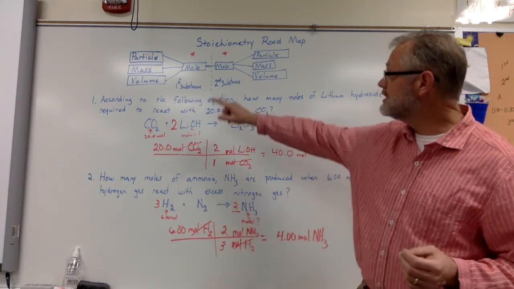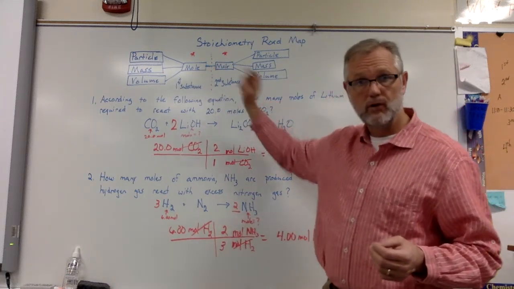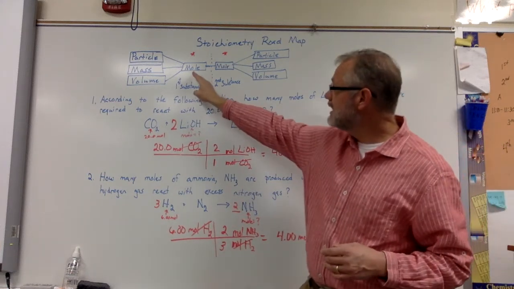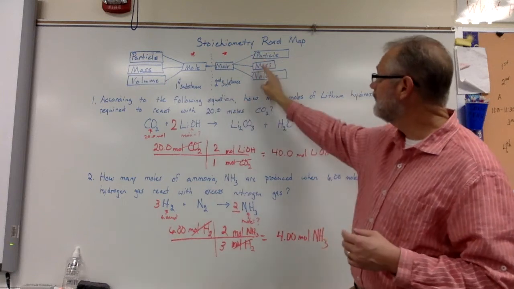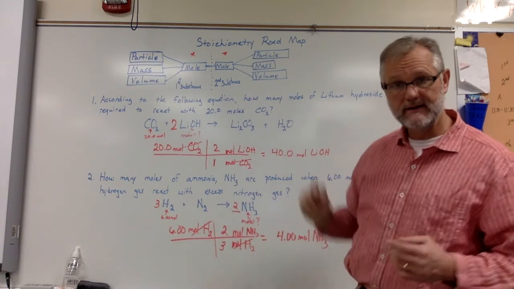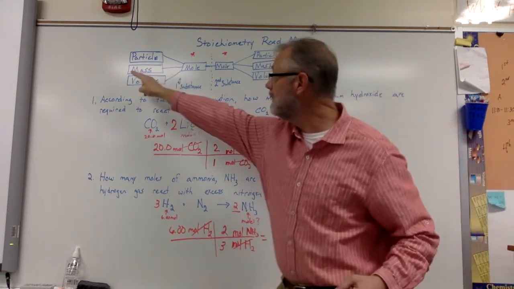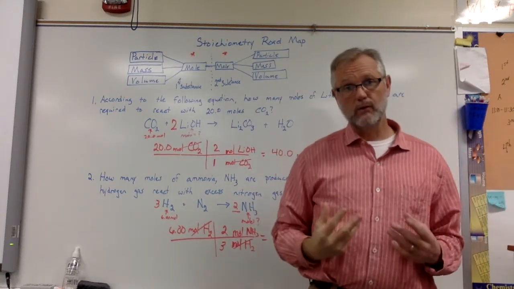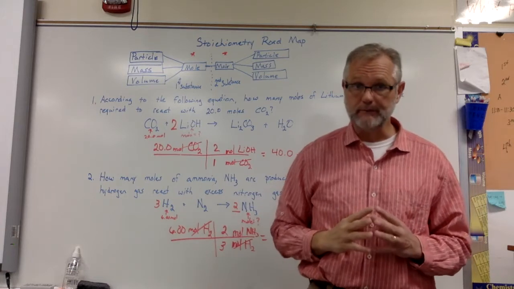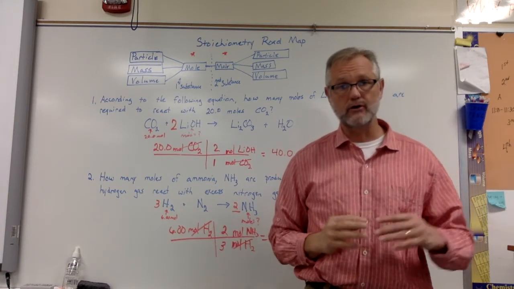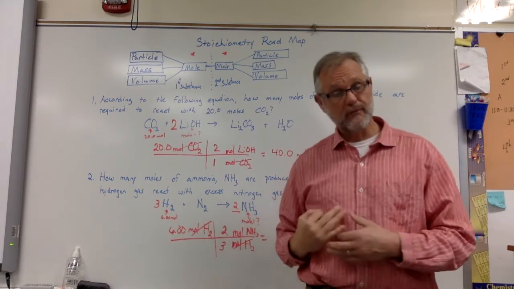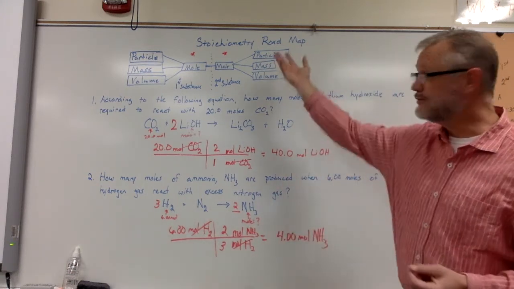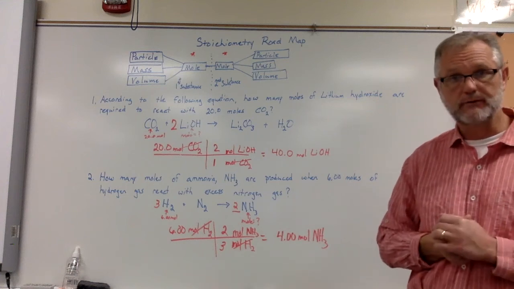So guys, what I'm going to do is slowly take you through this part 1, which is a mole to mole stoichiometry problem. Then in part 2, we're going to extend it to a mole to mass stoichiometry problem. And then in part 3, we will go to a mass to mass stoichiometry problem. What it's supposed to do is allow you quick access to the 3 different types of problems that you can be faced with whenever you're doing stoichiometry problems.